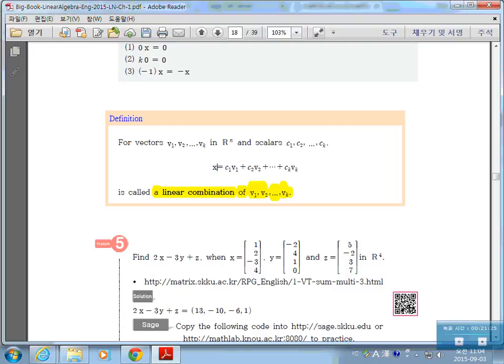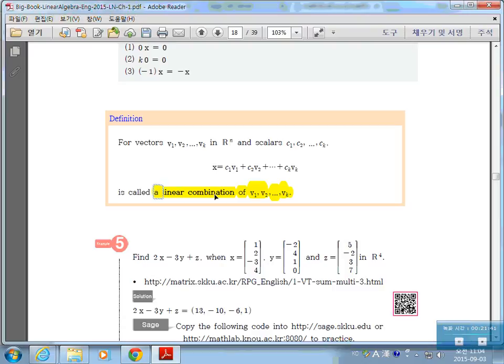This vector is called a linear combination of the vectors vi. So this is the definition of a linear combination of given vectors.